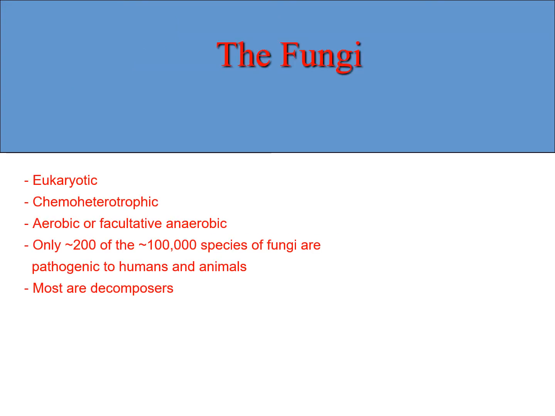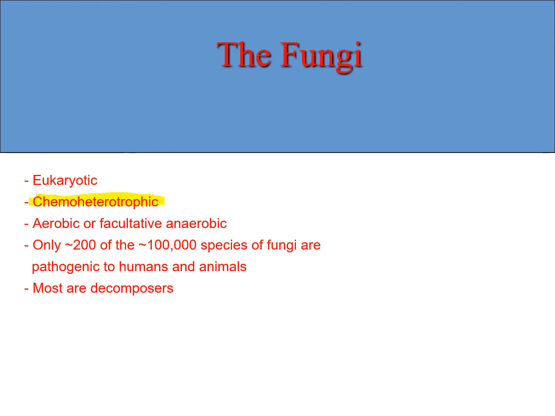Okay, first of all, the fungi are, of course, eukaryotic. They are chemoheterotrophic organisms. They break down chemical organic compounds to get energy, and they also use them as a source of carbon to build up organic molecules.